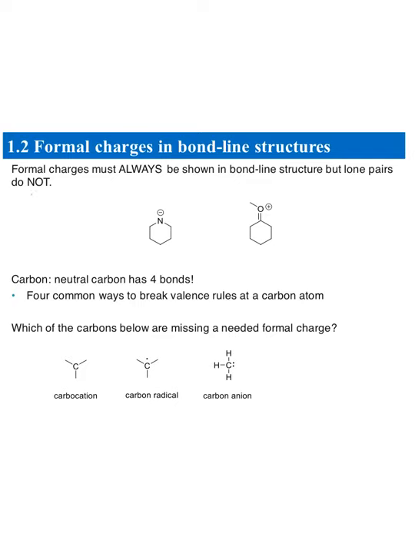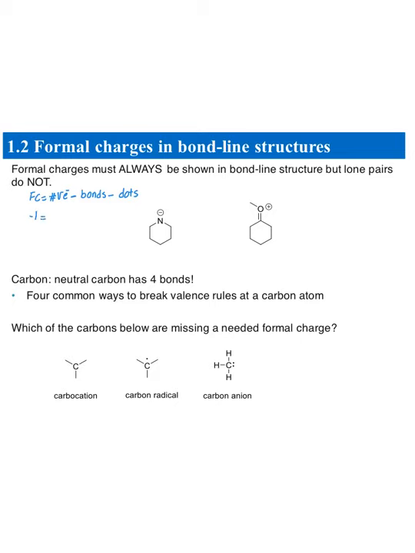If you remember the formula of formal charge, it was the number of valence electrons minus the number of bonds minus the number of dots, or electrons in lone pairs. So it's just very simple math here. The formal charge on nitrogen is -1.